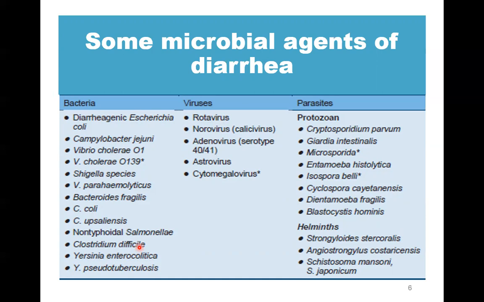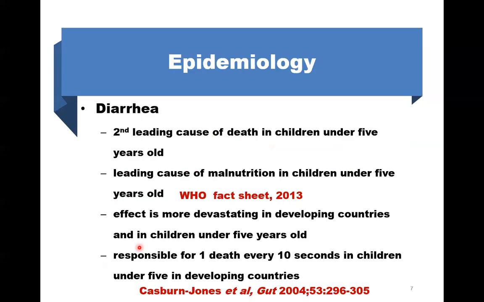With parasitic agents, you can have the worms, you can have the protozoa. Then you can also have viral agents causing diarrhea. And each agent has a different mechanism. So clinically, the patient has diarrhea, but pathologically, the mechanism of the diarrhea varies from patient to patient and from agent to agent.